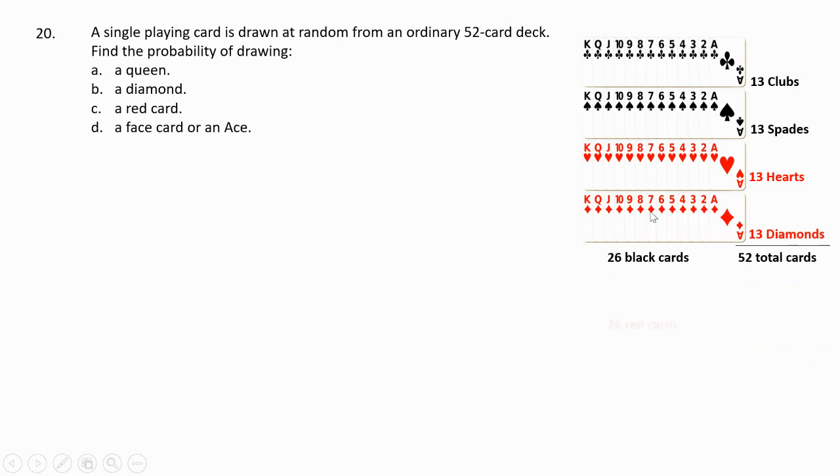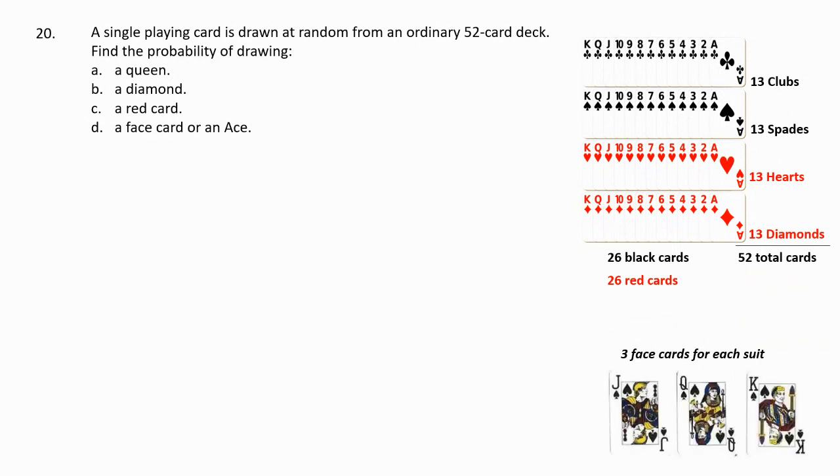That will be 26 blacks and 26 red cards. There are 3 face cards per suit. What are face cards? Face cards are the cards that have a face. For example, these are the face cards. Every suit has one of each: one jack, one queen, one king. So it's going to be a total of 12 face cards, because there are 3 in each suit.